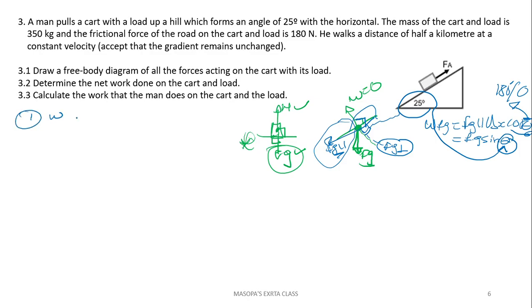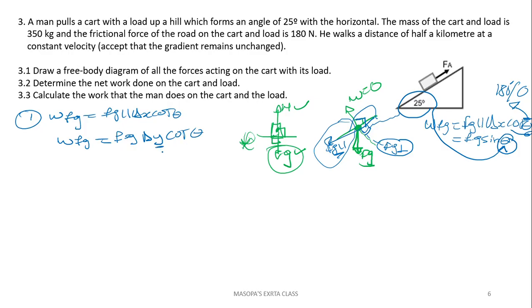So the first one, let me write it clearly. The work done by the gravitational force is Fg parallel times delta x times cos of theta. Then also the work done by the force of gravity, we can say Fg times delta y times cos of theta.